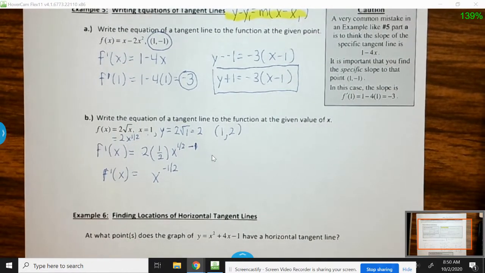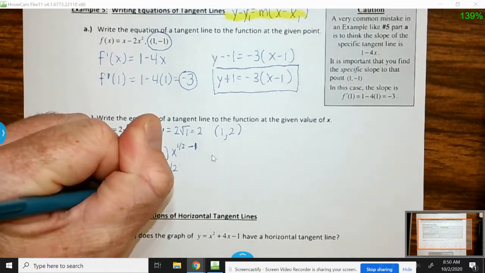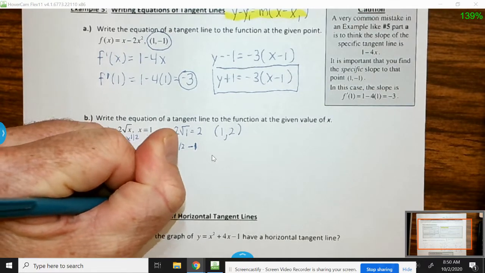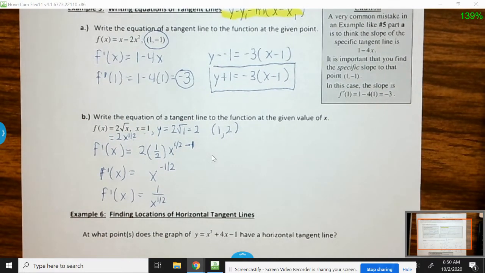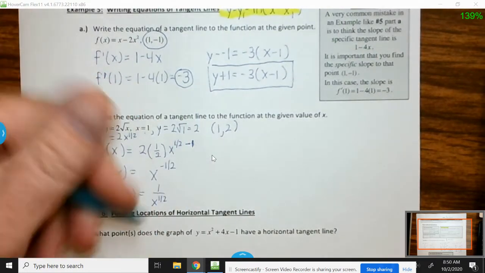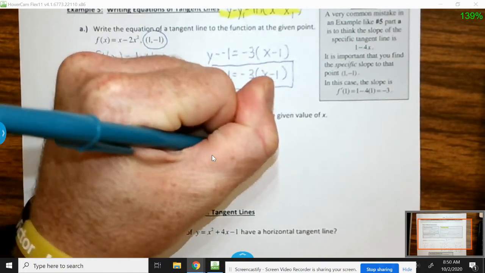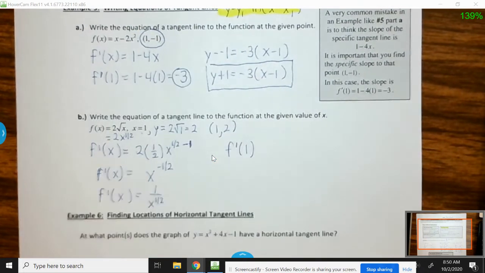F prime of x is x to the negative 1/2. Or f prime of x is 1 over x to the 1/2. We usually like to write those with positive exponents. Another way of thinking of x to the 1/2, well, let's come back to that. Because what I need to do is find the slope at a specific point.